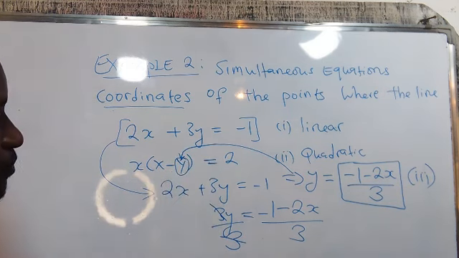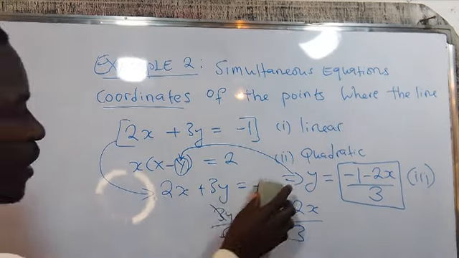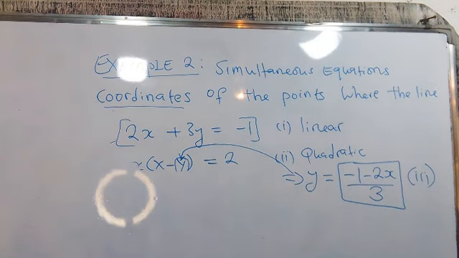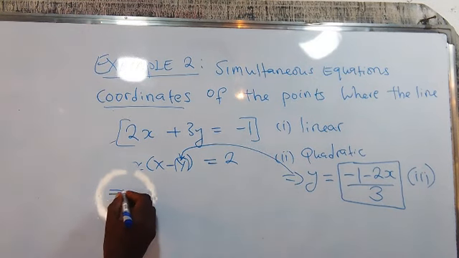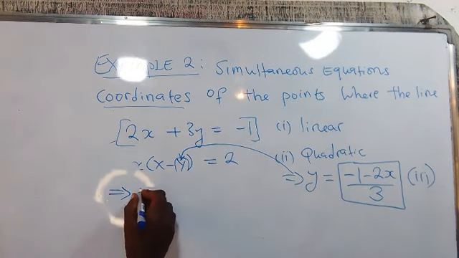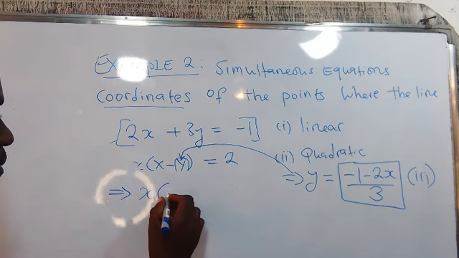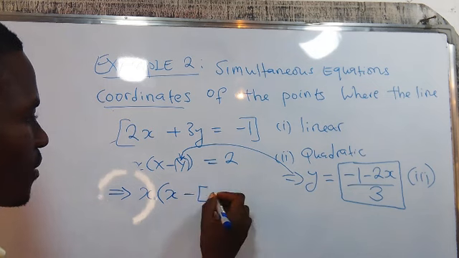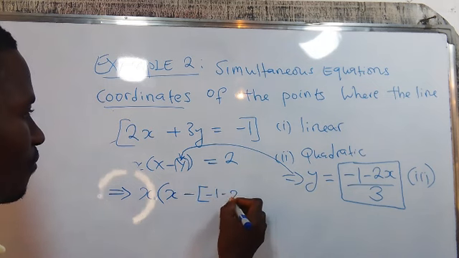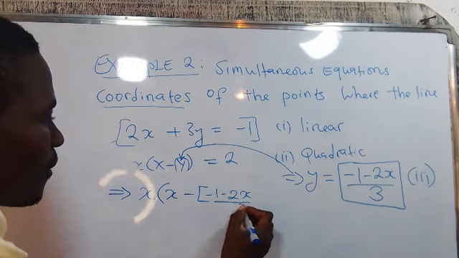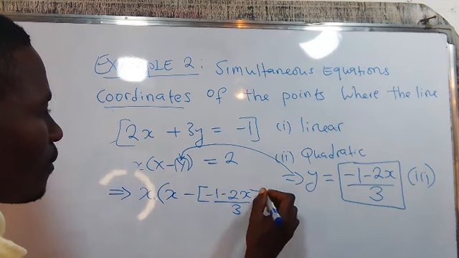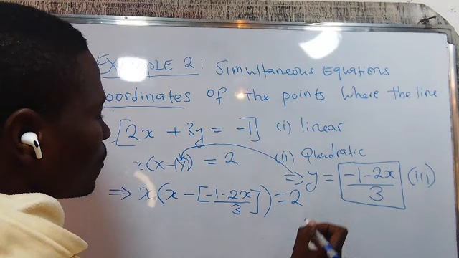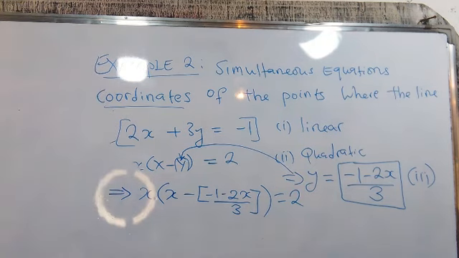Okay. So from there, once we do that, we are going to say x, open bracket, x minus, and then you plug that in. Equals 2.